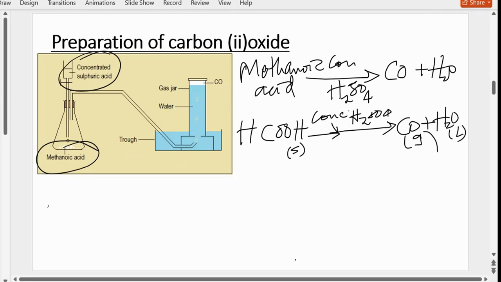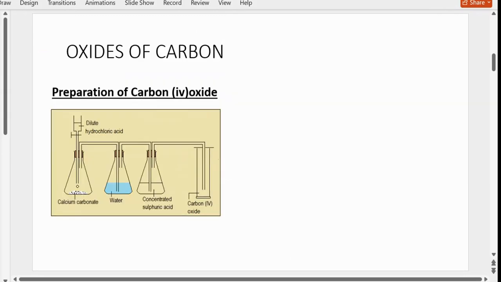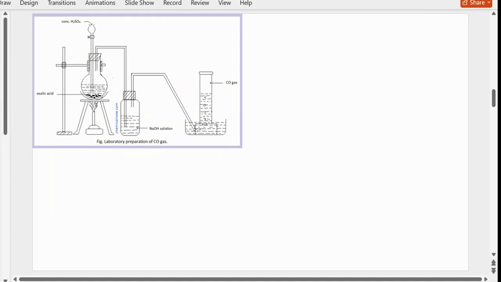It is different when we want to prepare carbon monoxide using ethanedioic acid, like for this case. For ethanedioic acid, you have an additional product which is CO2.